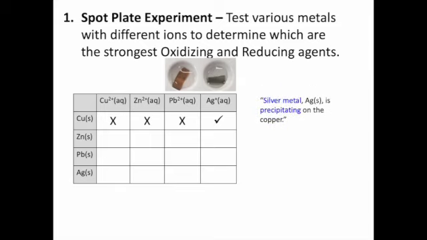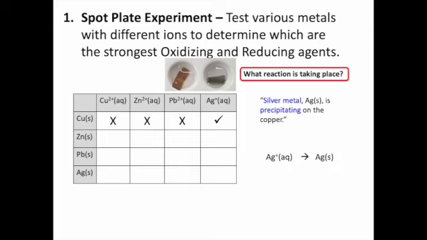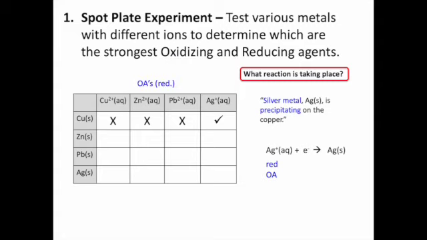But the point is that Ag positive is grabbing an electron and turning into Ag solid. And the Ag positive is an oxidizing agent because the substance that's reduced, or gaining electrons, is an oxidizing agent.